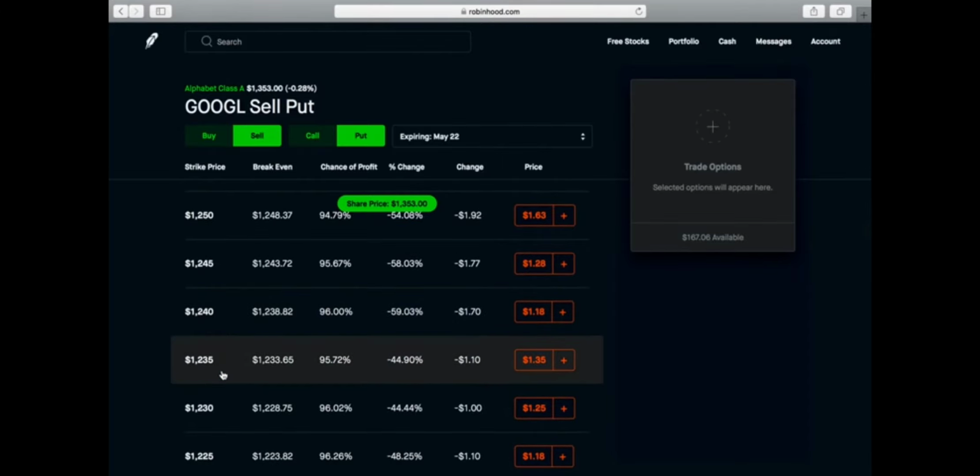The price of Google would have to fall $120 or so in the next 5 days of trading, which again is very unrealistic. And you can even see this column here that tells you the chance that you profit. Look at it. There's a 96% chance that you're going to profit from this.